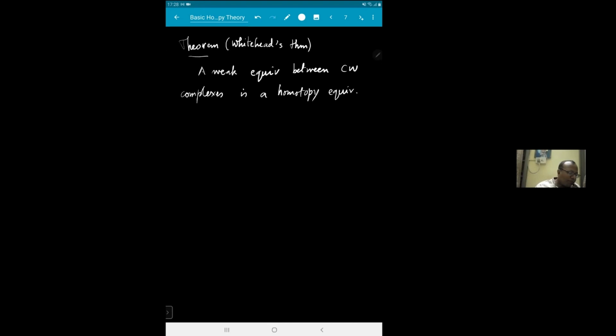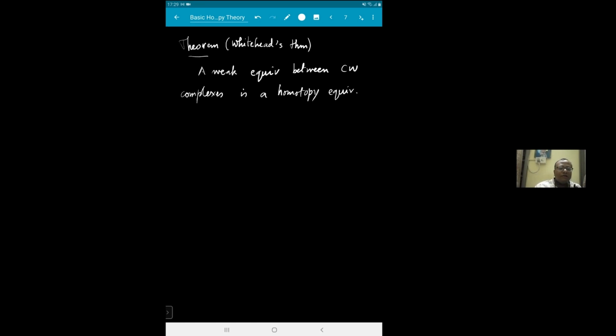You have the map the other way around, and you also have the fact that there are these homotopies between the compositions and the identity. So it's a stronger condition than weak equivalence. It's easy to see that homotopy equivalence induces an isomorphism on homotopy groups, but the main thing is to go the other way around.